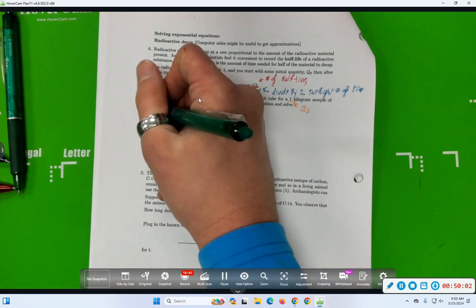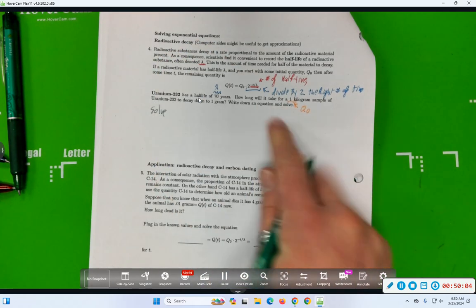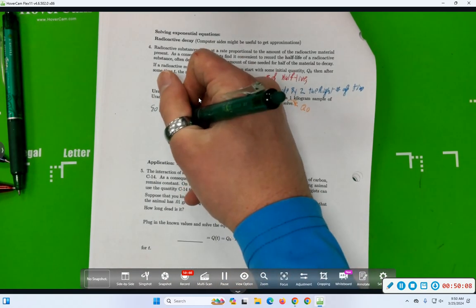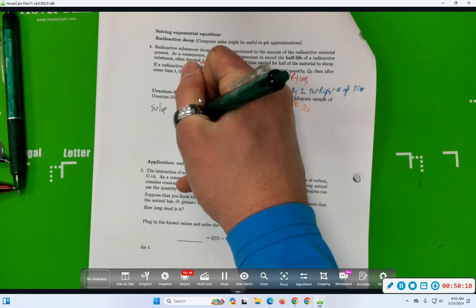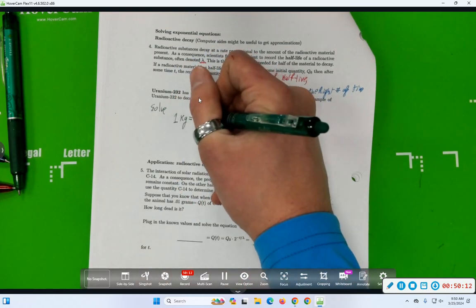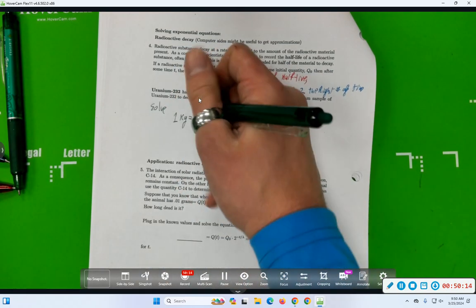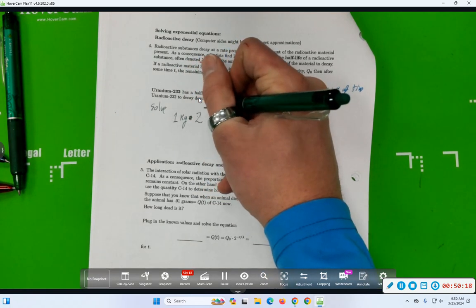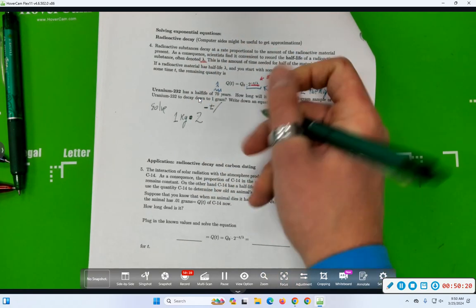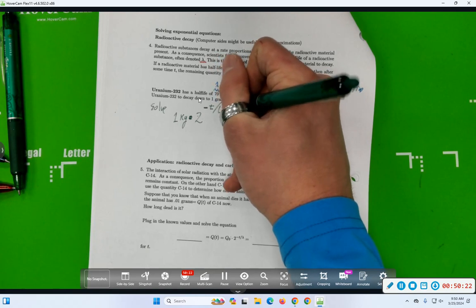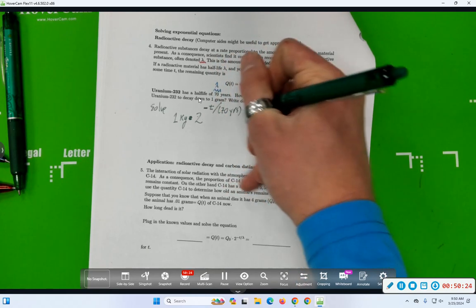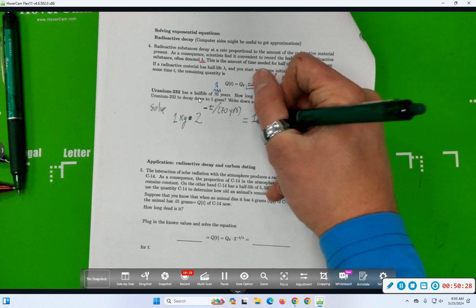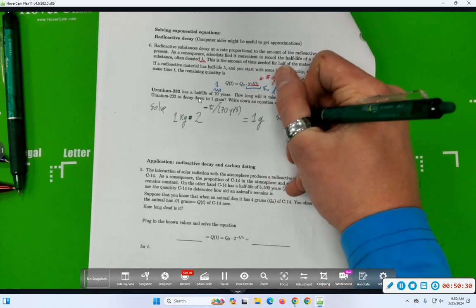And what do I need to solve? 1 kilogram is the initial quantity, times 2 to the negative t divided by half-life. And I would like to know when that is equal to 1 gram.